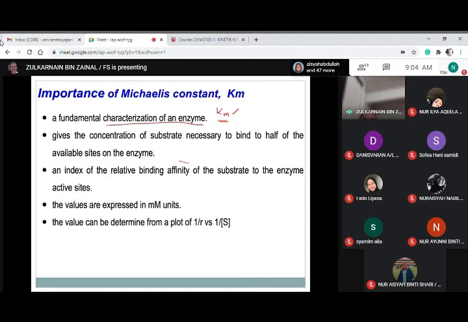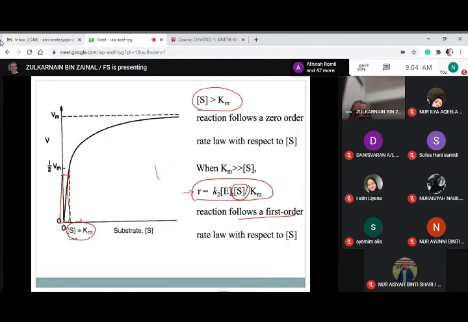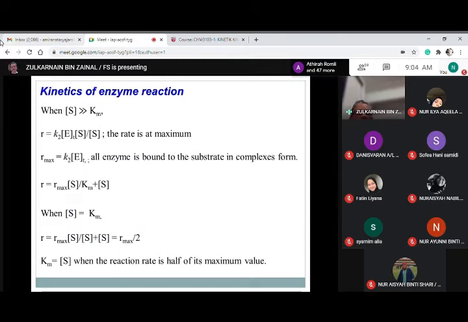And it gives the concentration of substrate necessary to bind to half of the available sites of the enzyme. So if you know the value of Km, then you should be able to get the concentration of the substrate that you should use to combine with half of the concentration of the enzyme, as you can see from the previous equation or the graph, where you have R max equal to K2 ET and so on.